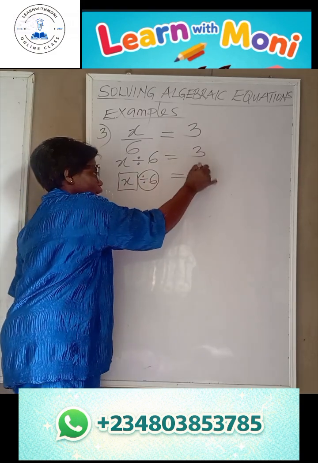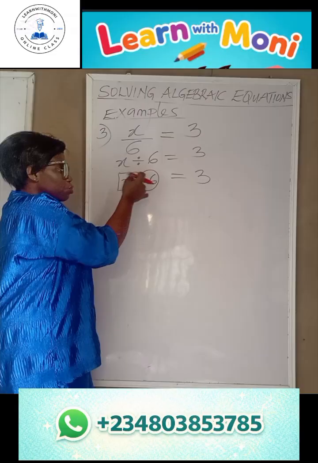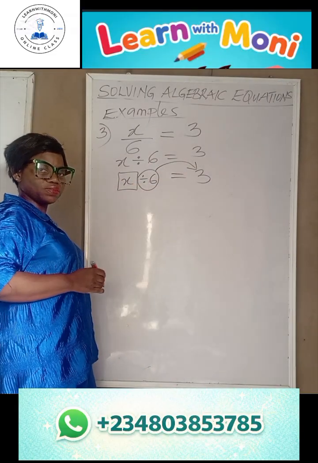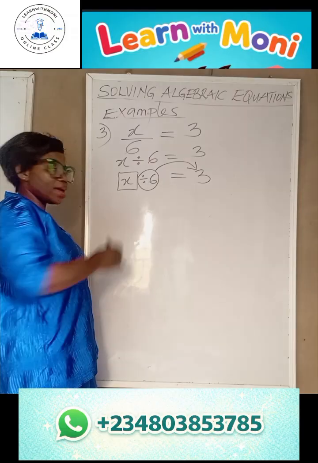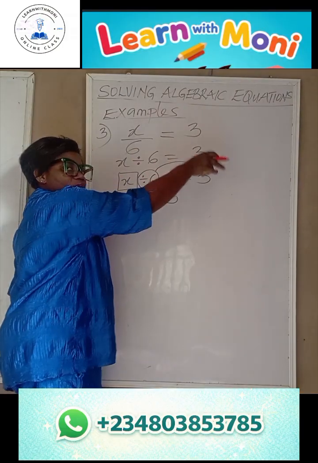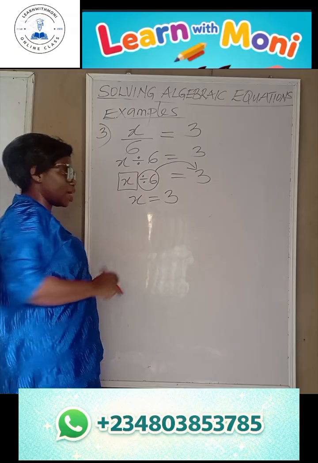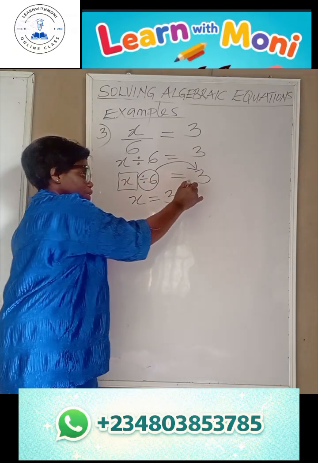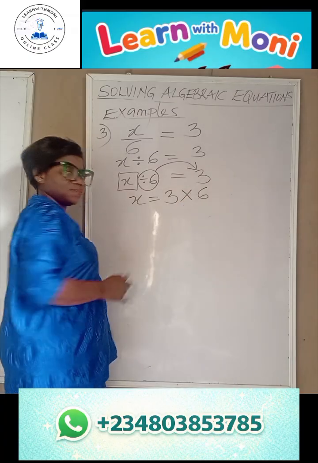On the other side, I have 3. For me to reach this x, I will have to push this divided by 6 to the other side, so that I have x equals to 3. The divided by 6 is going to the other side, and the division sign will change to multiplication, which is 3 times 6.